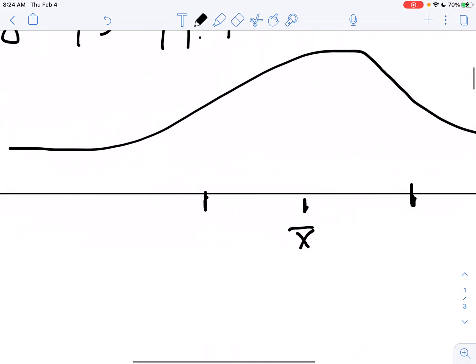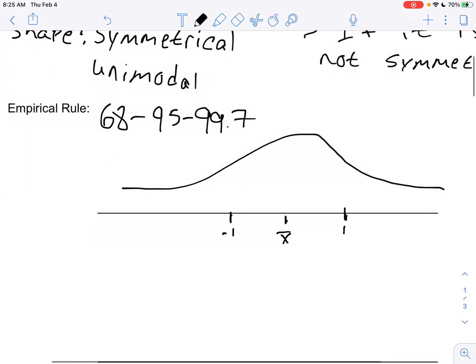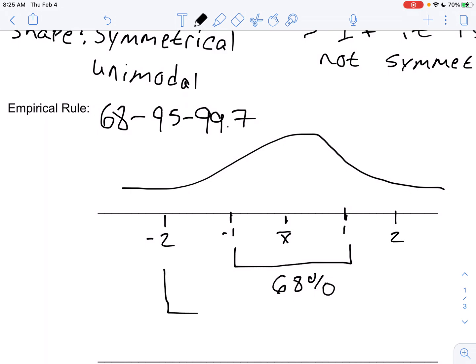So what this is telling us, from -1 to 1 standard deviations away, 68% of our data will lie in here. Then from -2 to 2, that's the 95.